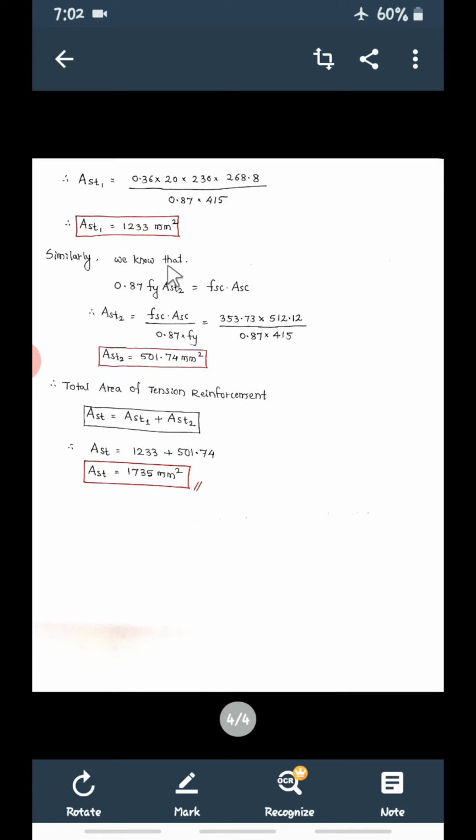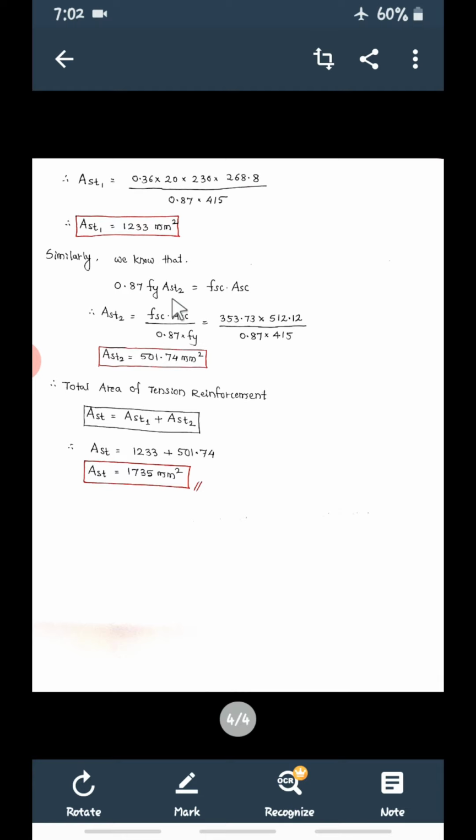Similarly, in the steel beam again we have to consider 0.87 Fy AST2. This is again stress into area, equal to stress into area of the concrete. So 0.87 Fy AST2 is equal to Fsc into ASC.